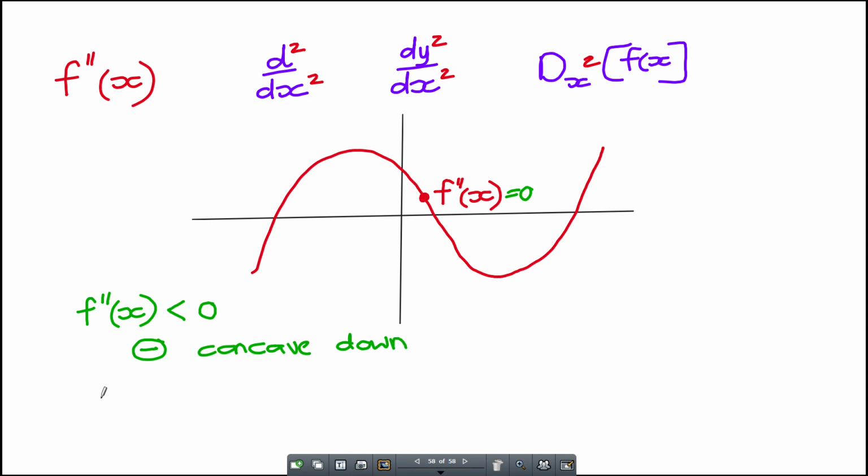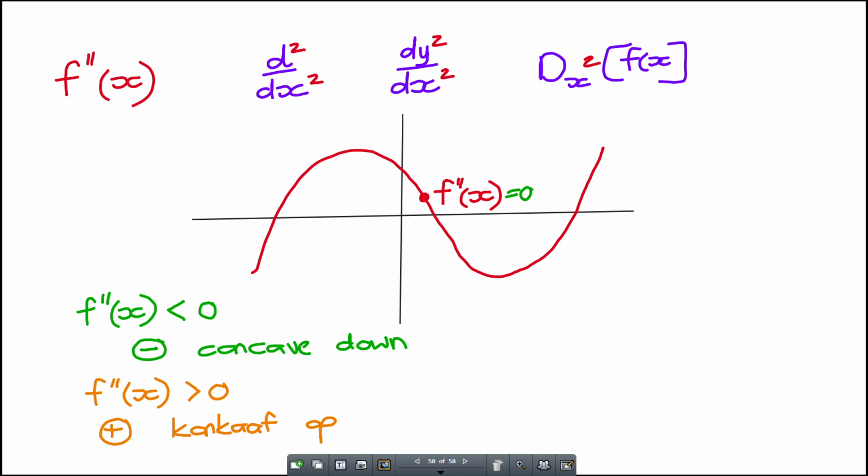En obviously, as daai tweede afgeleide, if that's greater than 0, it means it's positive answer, nee? Then it will be concave up. Concave op. Okay.